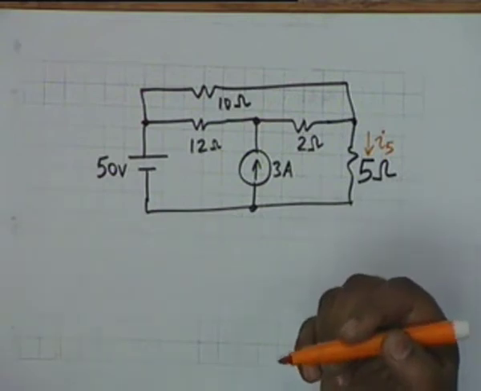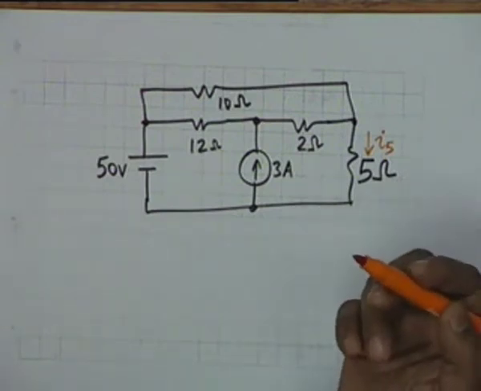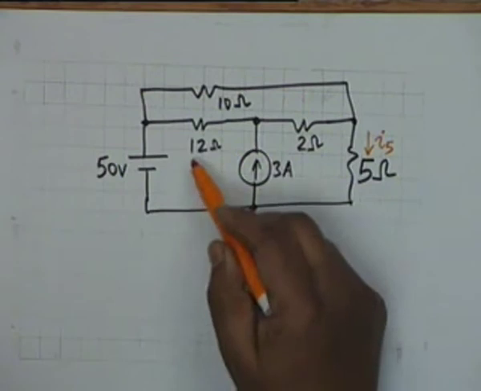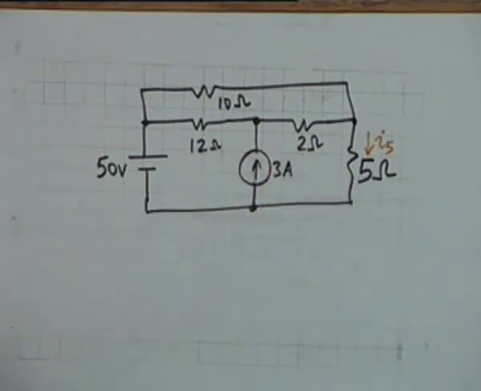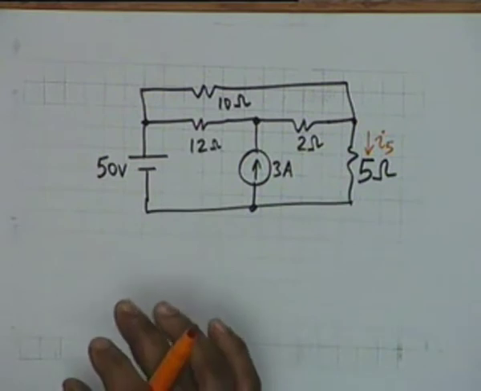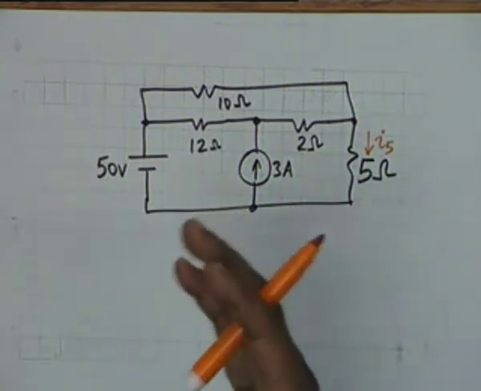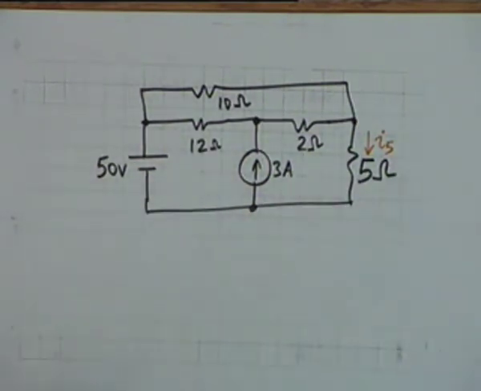But if you used to formulate loop currents, then there is a problem, because this is a current generator. That middle one is current generator. Unfortunately. Well, that is a practical situation, that there can be mixtures of voltage generators and current generators. There you have to be a little careful.